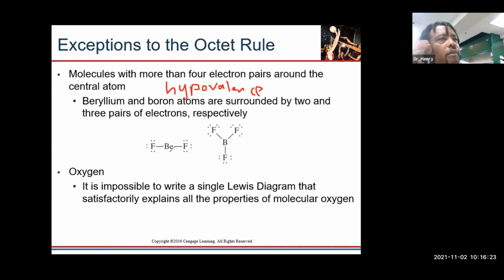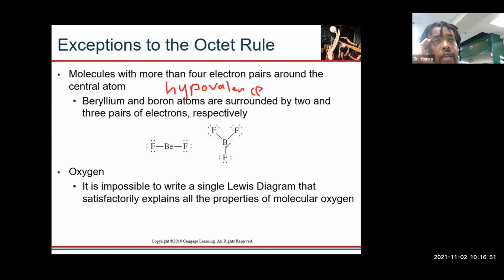And so beryllium will form a covalent bond with 2 fluorines. And it likes to have 4 electrons around it, and just 4, and that's it. So it's cool with just having 4 around it, and it's happy about it. So this is octet deficient because it only has 4 electrons around it rather than having 8 around it.